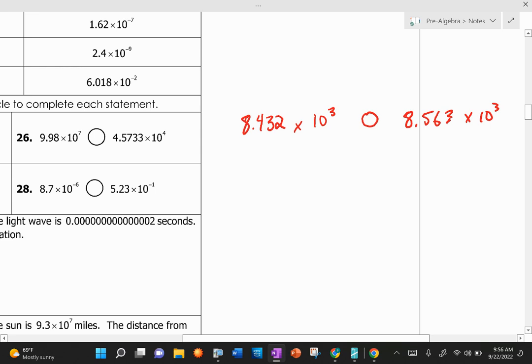So this is an example, Izzy. The only thing you have to switch is where your eyes go: instead of looking at the exponent, now I'm just looking at these numbers right here. Now you just have to decide which of these numbers is the higher number when the exponents match.